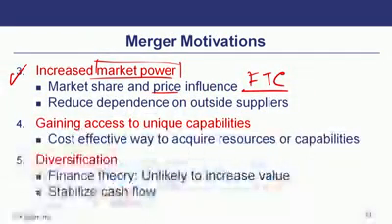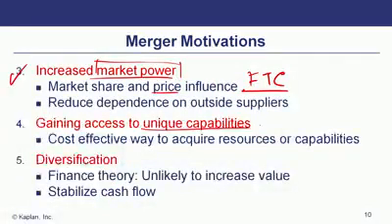Gaining access to unique capabilities. So there are superior management teams. There are people that have really well-developed, well-honed research and development programs, those types of things. So there are reasons to go in and buy a company because you want access to a particular aspect.